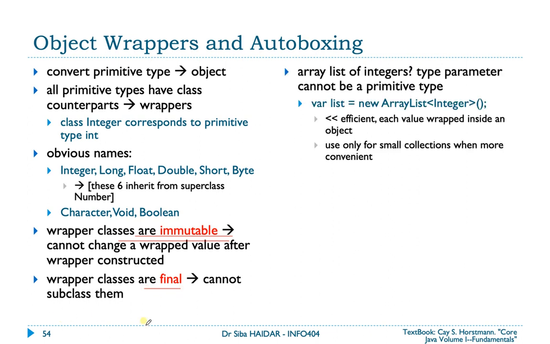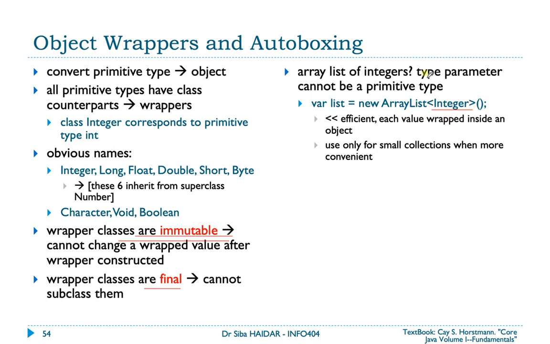So, array list of integers, do you need this? Do you need a really array list of integers instead of an array of integers? You must pass a type parameter. This type parameter inside the diamond brackets, inside the diamond, cannot be a primitive type. So you cannot write here, instead of array list of integer, you cannot write array list of int primitive type.